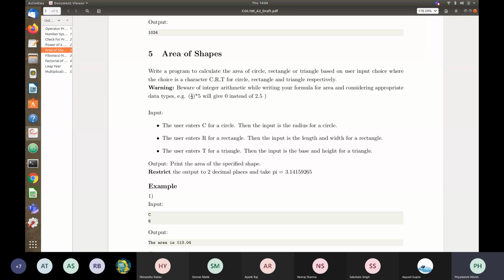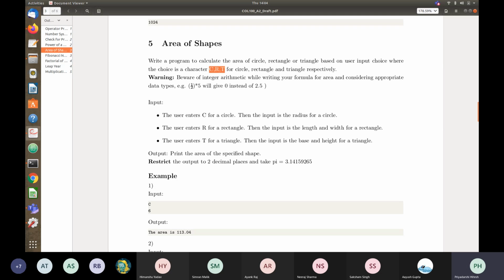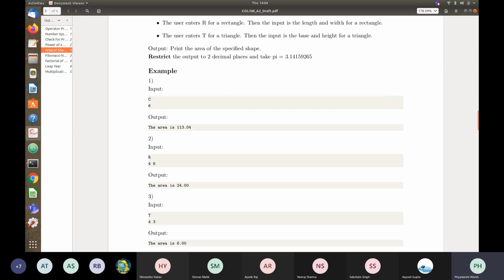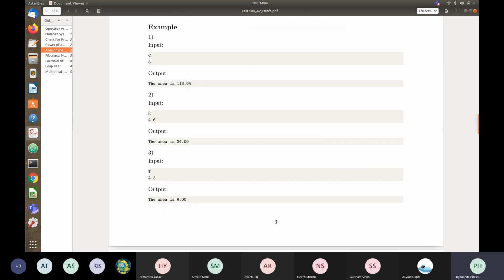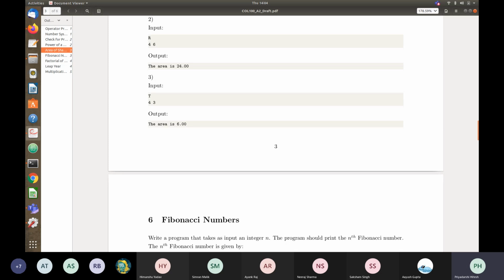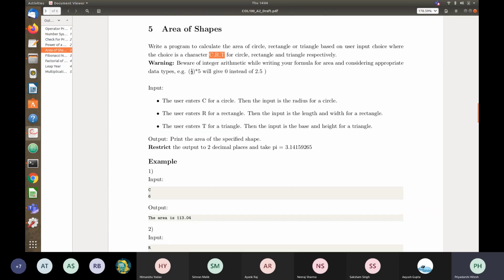Okay. So basically area of circle, rectangle and triangle. You have to take the first input, which would be C, R or T. And then you know the formulas: for a circle, pi r square; for a rectangle, length into breadth; for a triangle, 1 by 2 into base and height. So it's basically a simple formula put in a question, like one of the questions we did in the last lab.